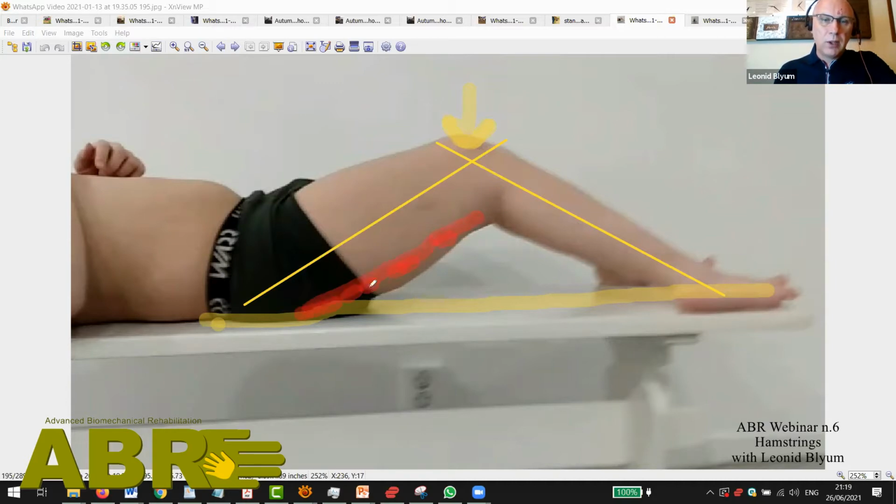And if you think about it as a muscle length limitation, then you would say, aha, it's a great plan to press from the top so that you get the force downwards, which will create the stretching or elongating impact on the muscle.